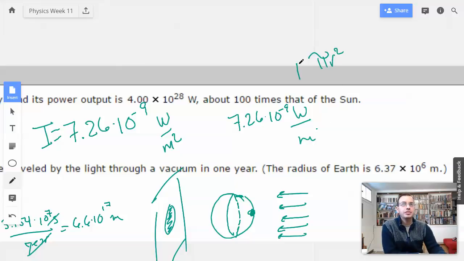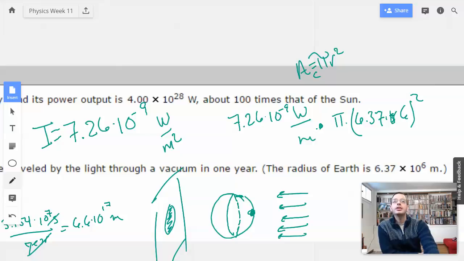That's the area of a circle. Area of a circle is pi r squared, and this radius is going to be the Earth's, so times pi times 6.37 times 10 to the 6th squared. All right, so let's see here.